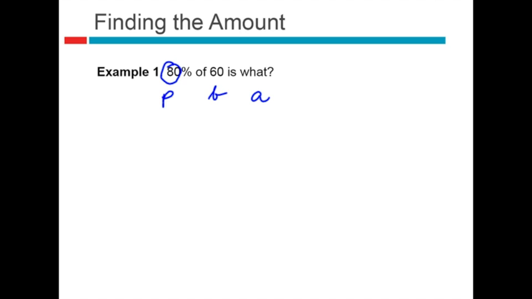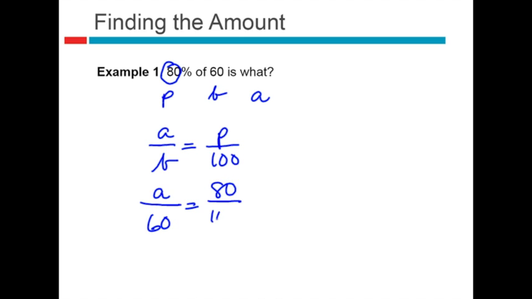So we can write our proportion amount over base equals percent over 100. And we have the amount is missing, so we're going to write A over the base 60 equals 80 over 100.